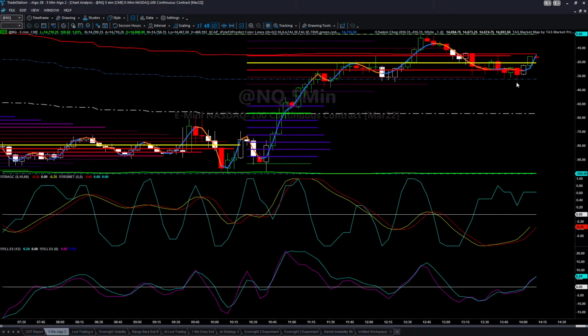Price hit that 61.8 Fibonacci, and then boom, just went right back to the point of control right there. Very, very interesting. And this is going to keep going until you get a crossing right here, and then that'll be it.